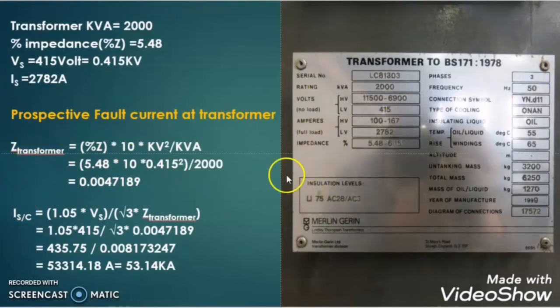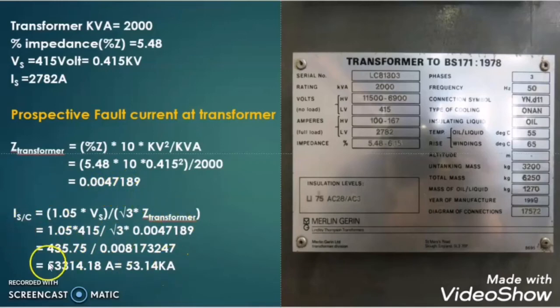Now we have to calculate the prospective short circuit fault current for this transformer. The formula for the prospective short circuit fault current is 1.05 into secondary voltage divided by root 3 into transformer impedance. So we will substitute all the values: 1.05 into secondary voltage, which is 415 volt, divided by root 3 into the transformer impedance that we calculated here, 0.0047189.